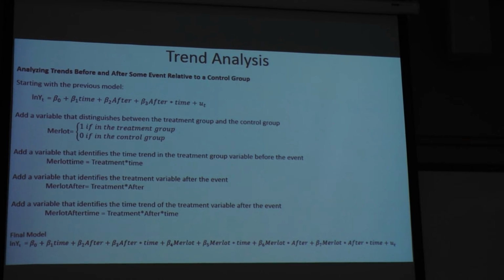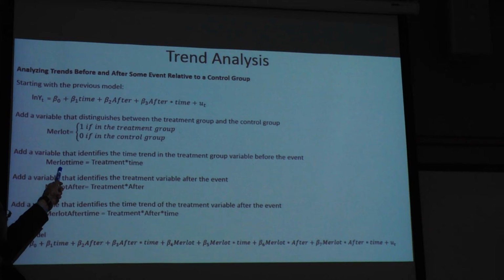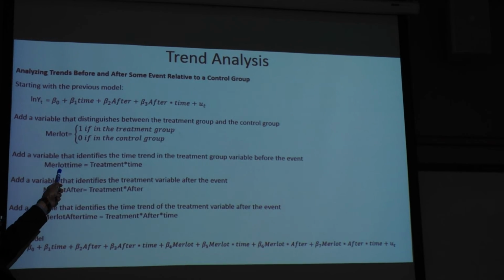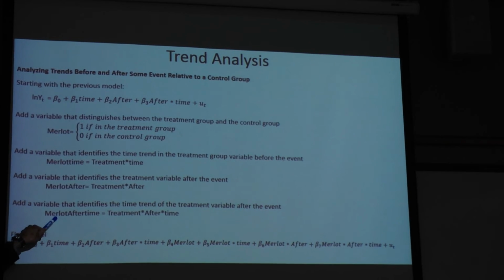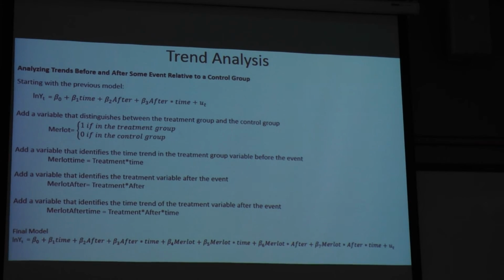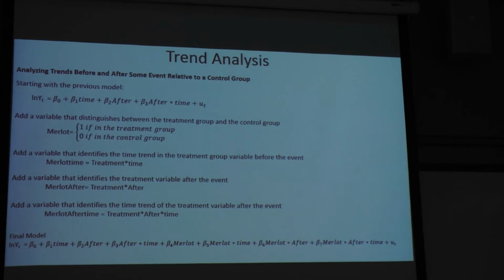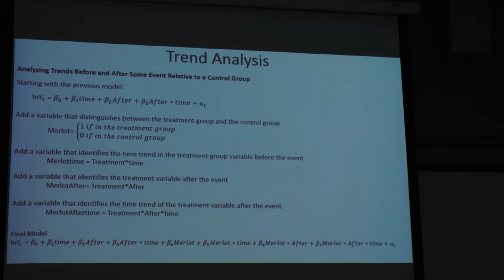All the rest are what? Interactions. We're interacting the treatment group with time. We're interacting the treatment group with after. And then we've got the triple interaction of treatment group, after, and time. One variable, and then we construct all these other interactions.